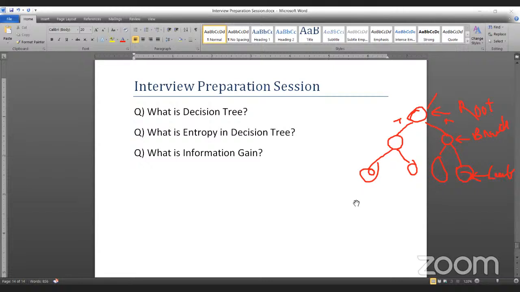Okay, let me tell you. For knowing the information gain, what happens in a decision tree? At each step, we have to decide which attribute to take as a node to split the data.